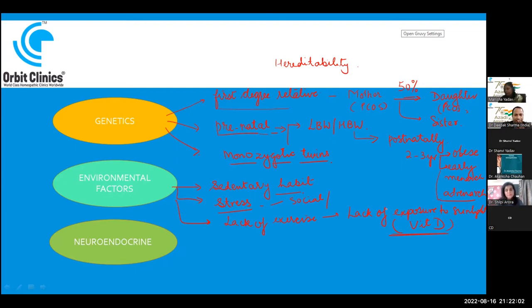They prefer indoor games to outdoor games. So lack of exposure to sunlight also leads to this. Nowadays, in the treatment plan, they give vitamin D to PCOS patients.